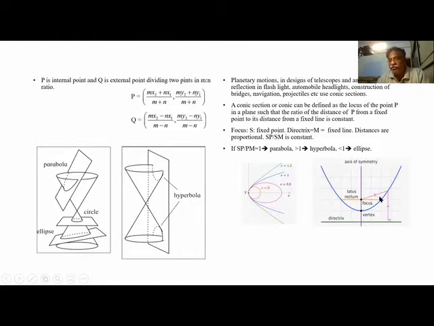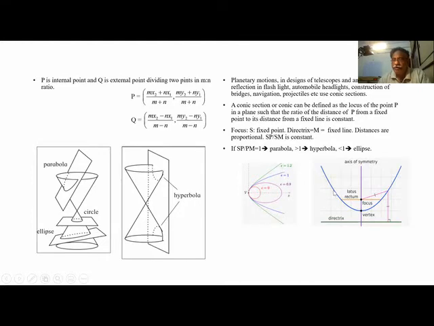If the ratio is more than one, it is a hyperbola. If it is less than one, it is an ellipse. So less than one, ellipse. Equal to one, parabola. More than one is hyperbola.